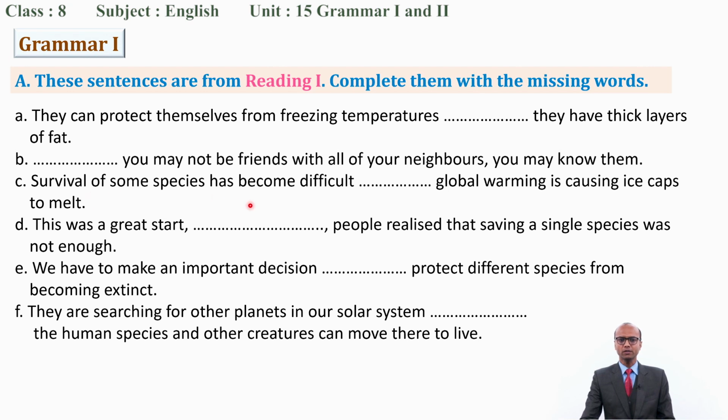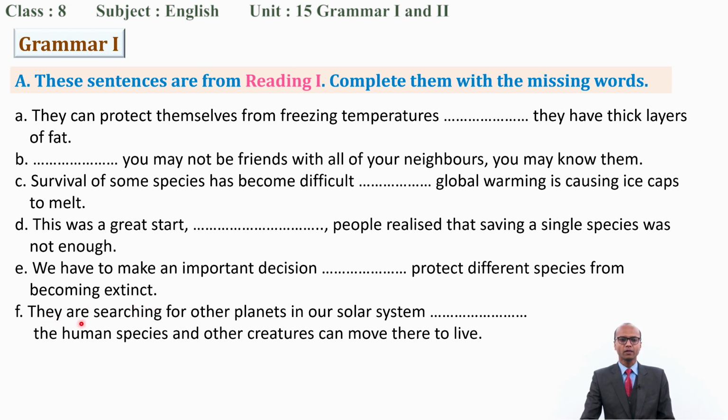Survival of some species has become difficult. Blank space, global warming is causing ice caps to melt. This was a great start. Blank space, people realized that saving a single species was not enough. We have to make an important decision. Blank space, protect different species from becoming extinct.